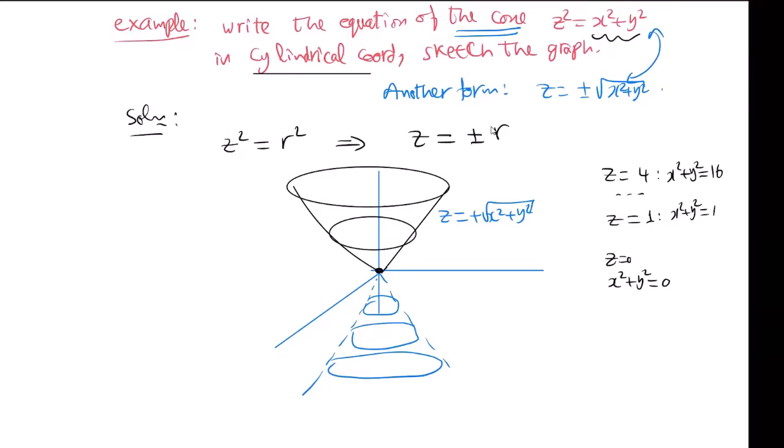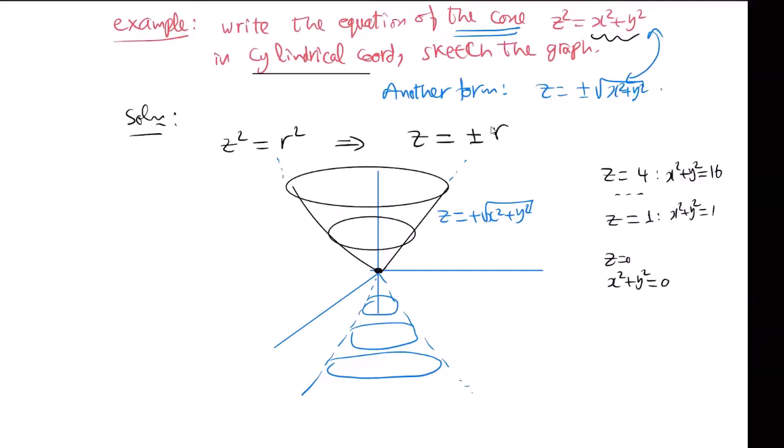If we are given the negative sign, we draw only the lower part of the cone. If it's both, we draw this extended, infinite cone, part of it up, part of it down, as you see. This is the situation. Any question?